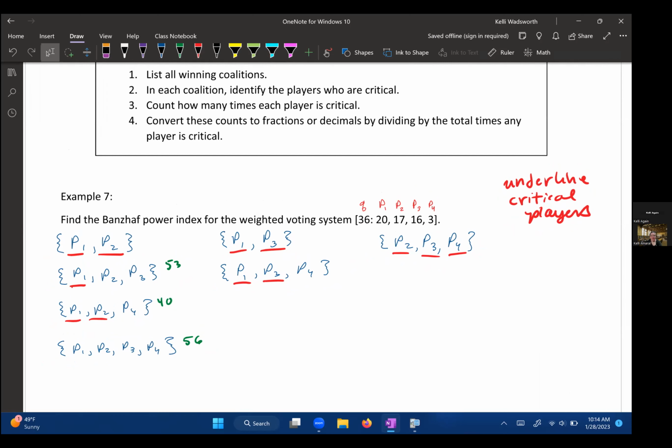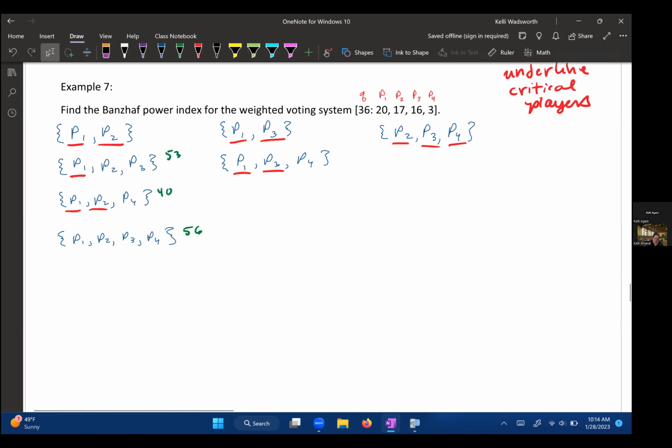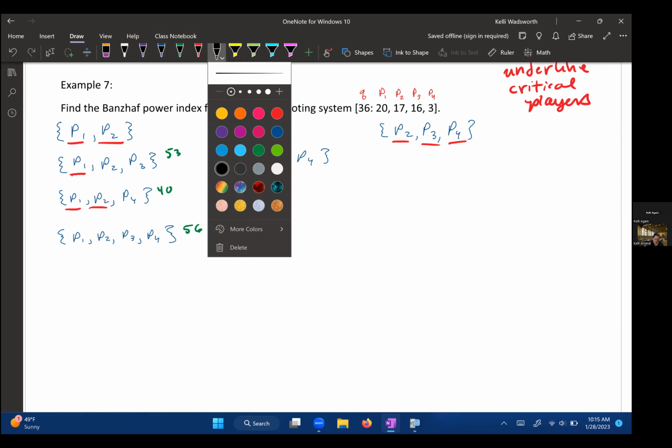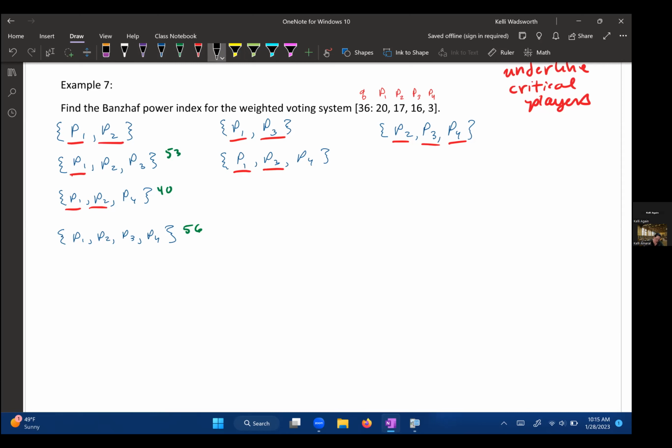Number 3, count how many times each player is critical. Okay, so we need to write this down. Okay, so player 1 is critical. How many times? 1, 2, 3, 4, 5. 5 times.